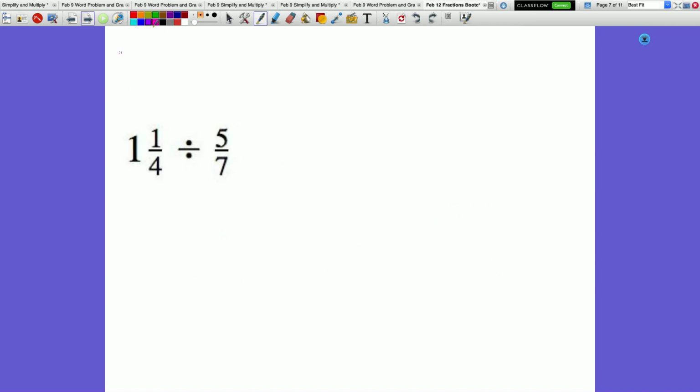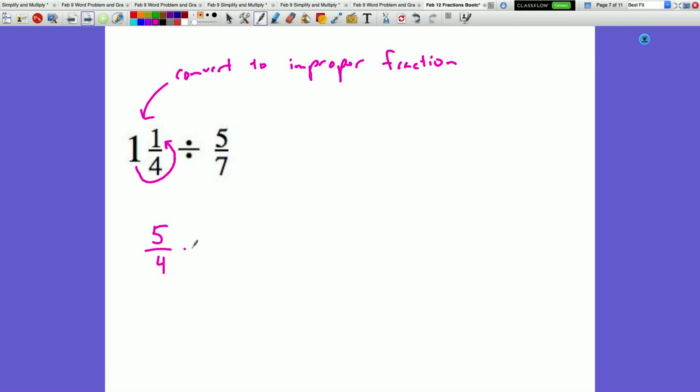All right, now what if we have a mixed number? In order to use copy.flop, it's much easier if we have improper fractions. So convert to improper fraction. To do that, I do the loop. 1 times 4 is 4. 4 plus 1 is 5, so this becomes 5 over 4 divided by 5 over 7.